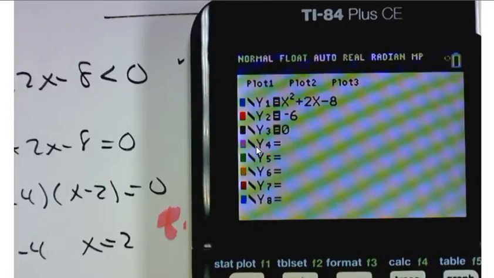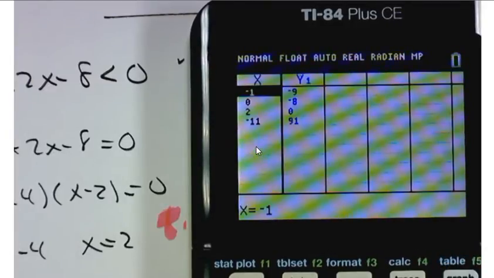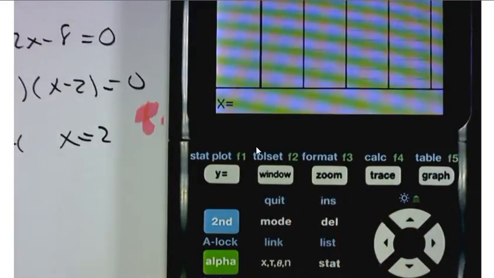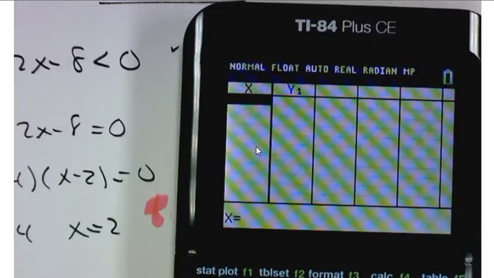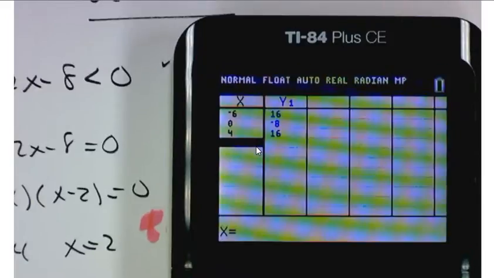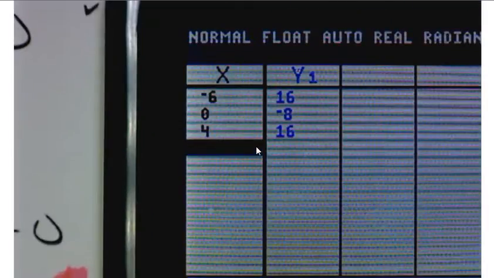Oops, wrong menu. Let's delete those. So hit the second key, then the graph key, go to the table. You can hit the delete key right here to get rid of all the old values so you don't confuse yourself. -6, 0, and 4. And we get positive, negative, positive. Perfect.